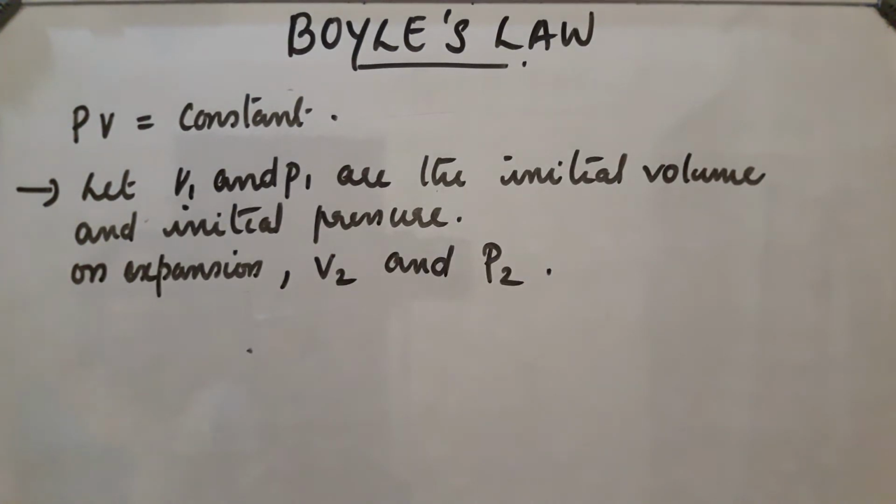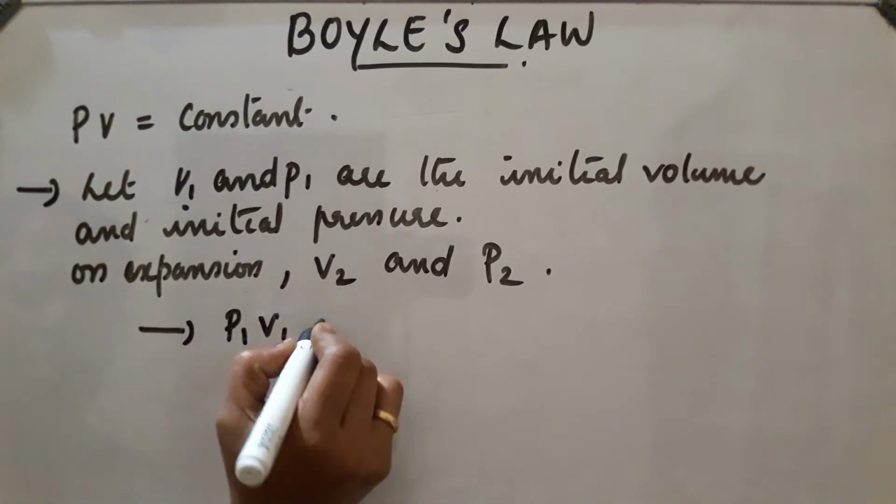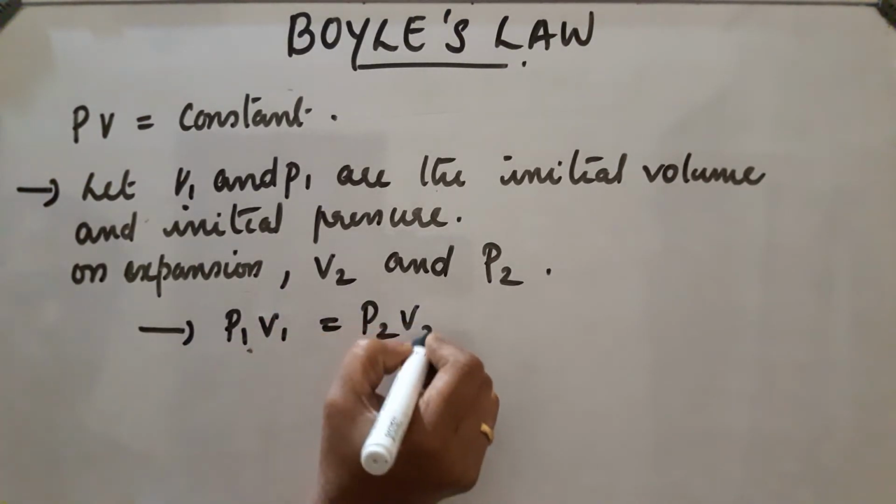So first volume is V1 and pressure is P1, the initial volume and pressure. On expansion, the gas changes its volume to V2 and pressure to P2. So according to Boyle's law, we can write P1 V1 is equal to P2 V2.